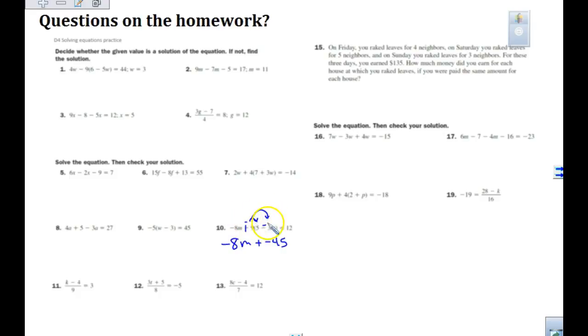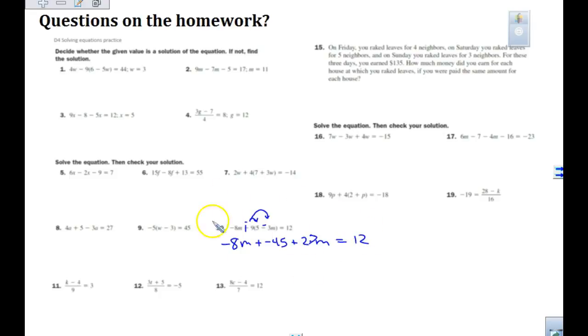When I take negative 9 times negative 3, I should end up with what? Courtney, as I'm multiplying that, negative 9 times negative 3. 27 is going to be a positive 27, and I'm going to have an m, so 27m, and that equals 12.